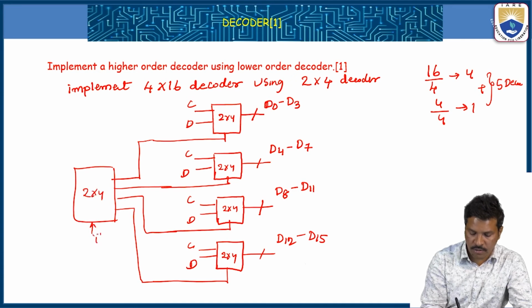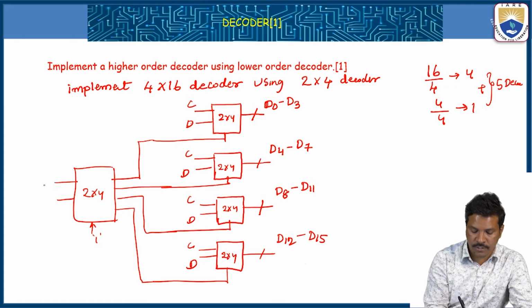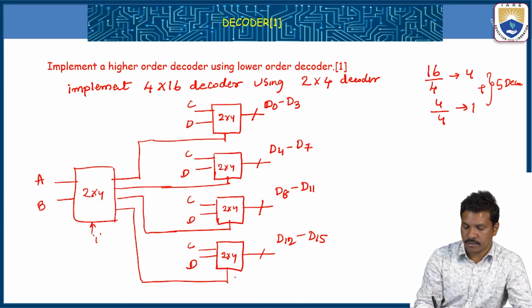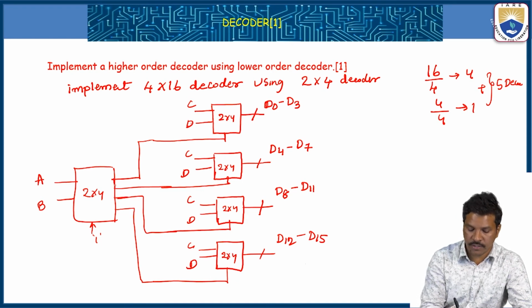This enable is equal to 1. You can take directly 2 inputs AB, CD. So this output of the first decoder is connected to the enable inputs.